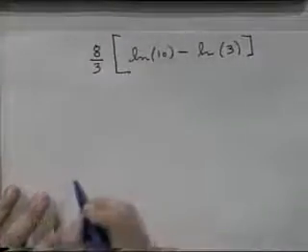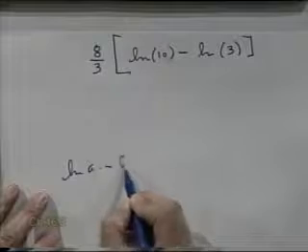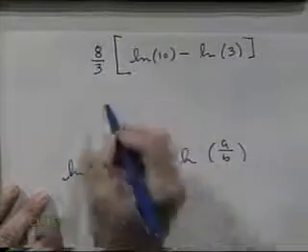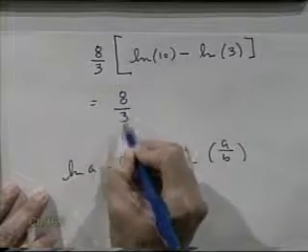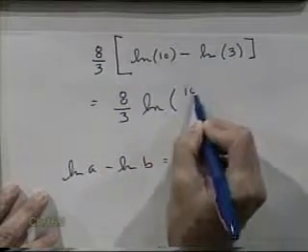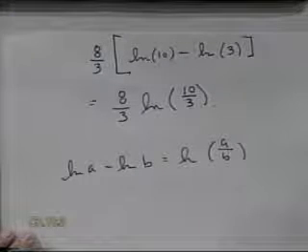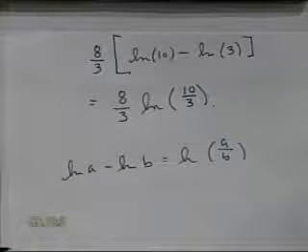And remember, natural log of a minus natural log of b is natural log of a over b. So this just cries out that we write this as natural log of 10 over 3. Okay. Any questions? Okay.